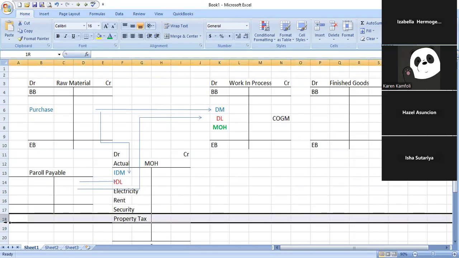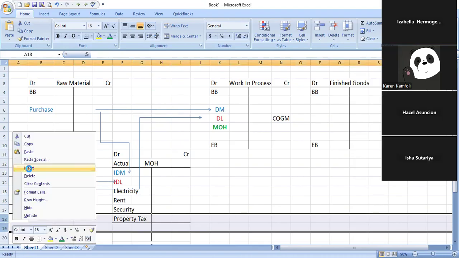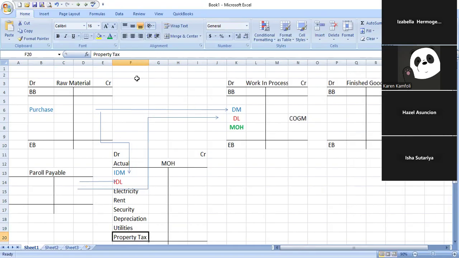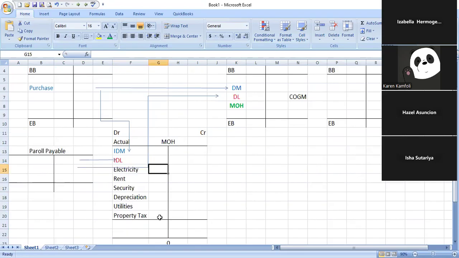We have to put the depreciation of our oven and our equipment, right? So you can see how many different costs we may have here. And let's put some utilities. So we have so many different costs which are part of manufacturing overhead.